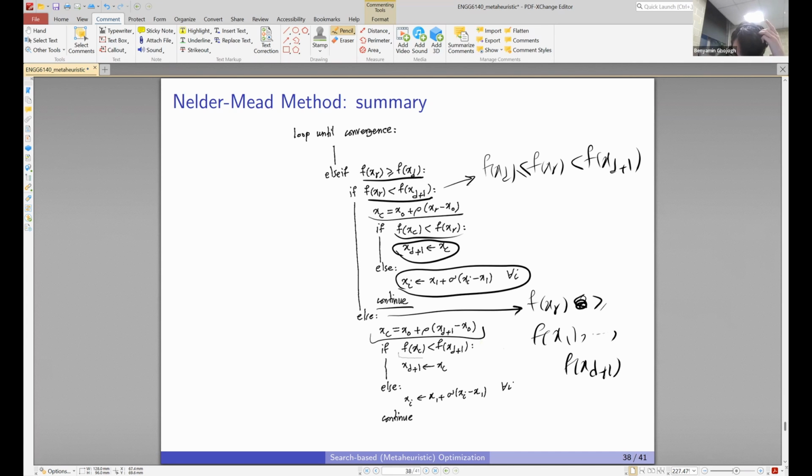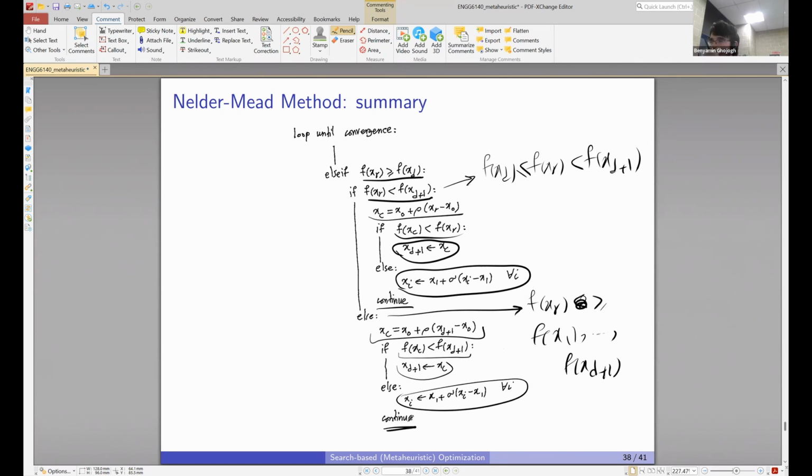If the contracted point inside the simplex is better than the worst corner, then replace the worst corner with the contracted point inside the simplex. Otherwise, shrink the simplex and continue to the next iteration.